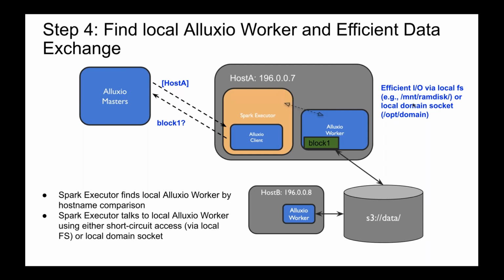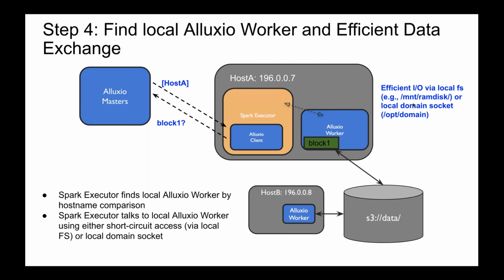What happens is that the Alluxio worker returns the host IP to the Alluxio master, and the Alluxio master tells the Spark job, okay, here are different sets of Alluxio workers serving this block, and they can do a string comparison or host name comparison and tell, okay, I do have an Alluxio worker local to my Spark executor.